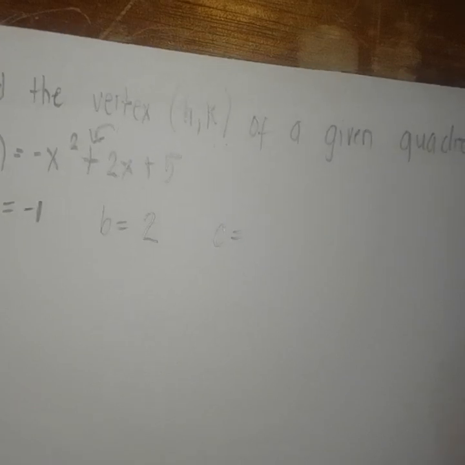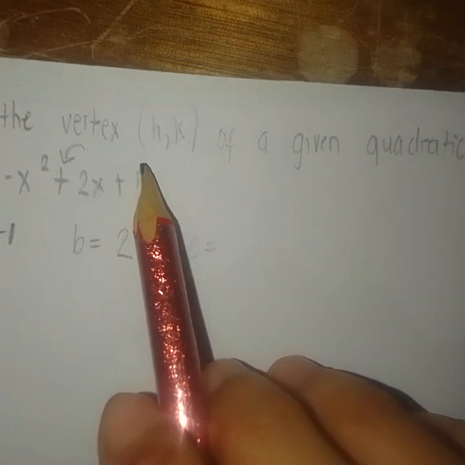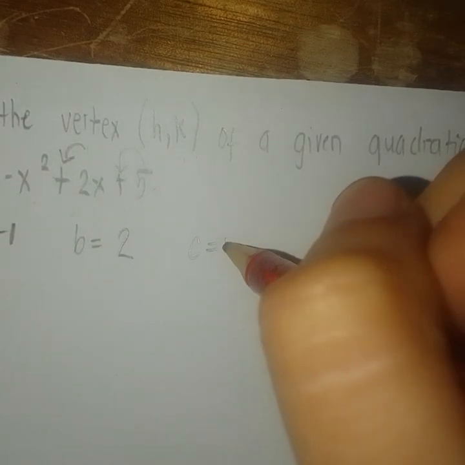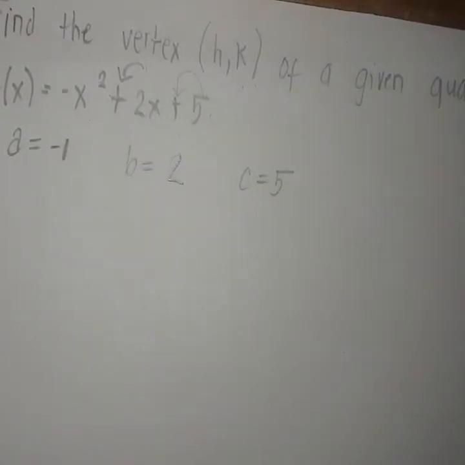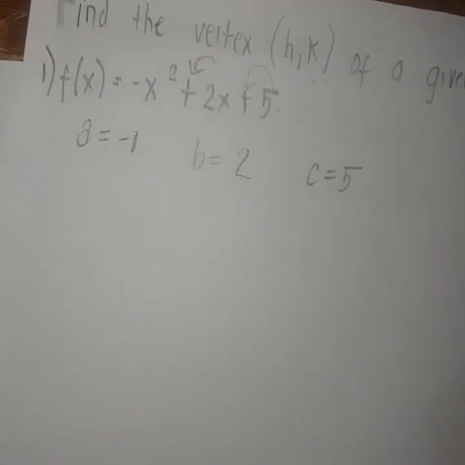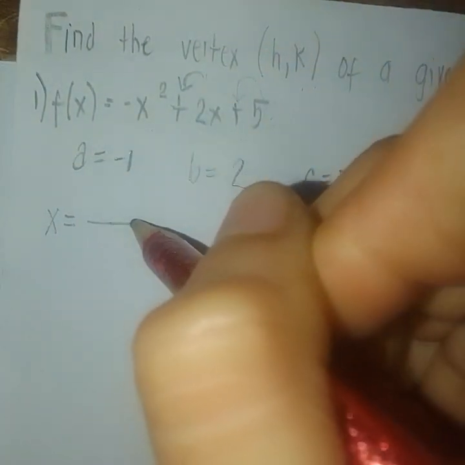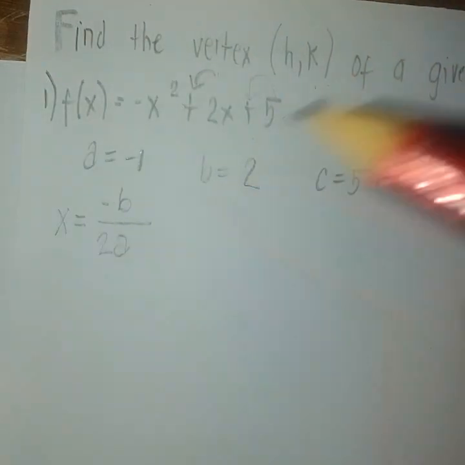Next, the value of c is the last term, a term without any variables. So we have 5 and its sign is positive. So c is equal to 5. Next, after determining the values of a, b, and c, you have to use the equation x is equal to negative b over 2a.